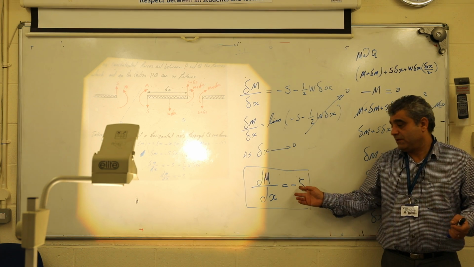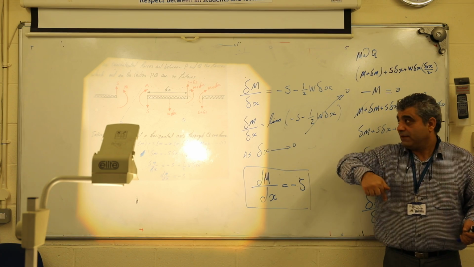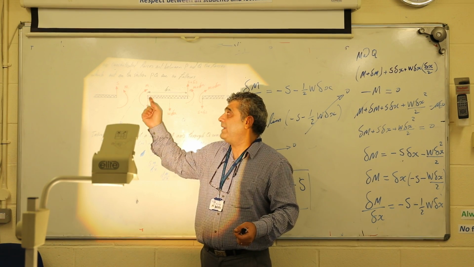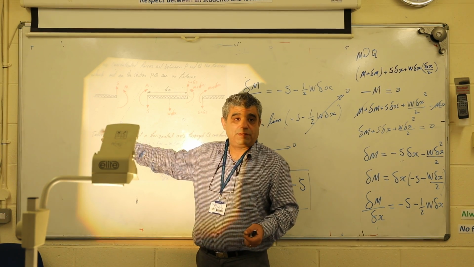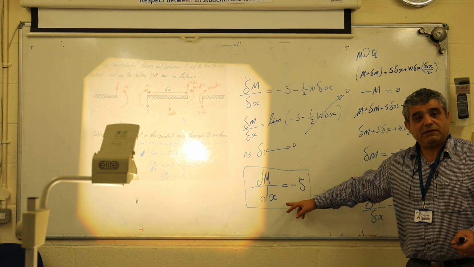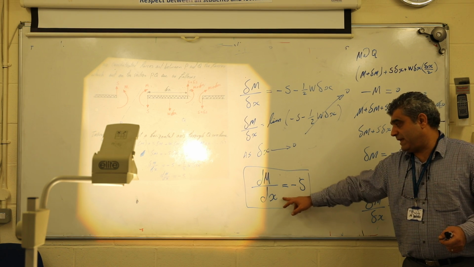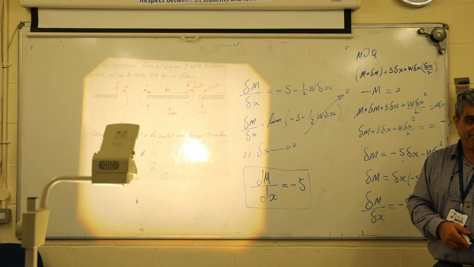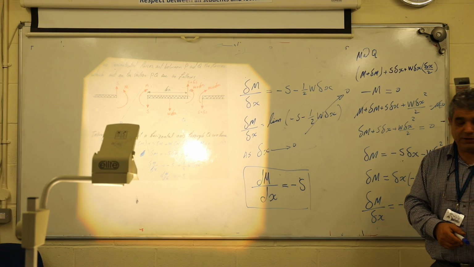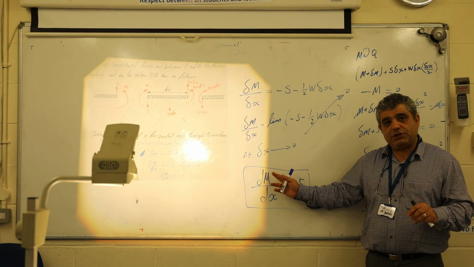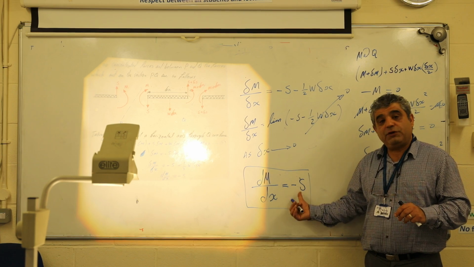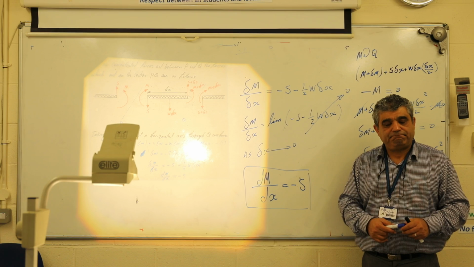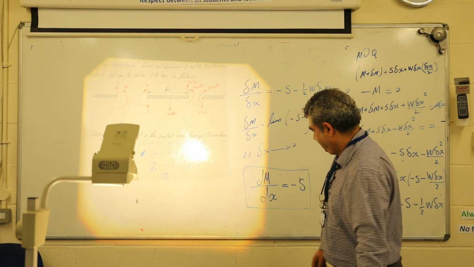Sometimes you take shear downward instead of upward. I saw some people when solving problems take this one upward and the other one downward. Then dM with respect to x would be equal to S rather than minus S. In general, when you differentiate the bending moment equation, it gives you the equation of the shear force. It means you are on the right path. Happy?